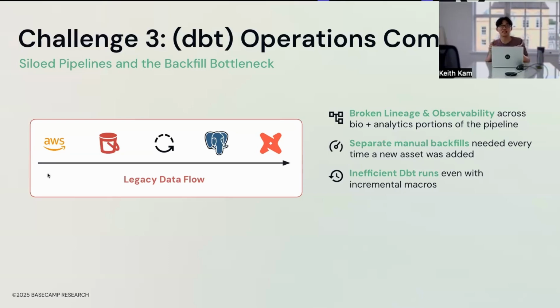And then the third one is on the other side, running dbt itself becomes really hard because the orchestration on that side doesn't have a good way of understanding within a table which partition has been materialized. So for us, the natural way of defining our partitions is effectively per sample.